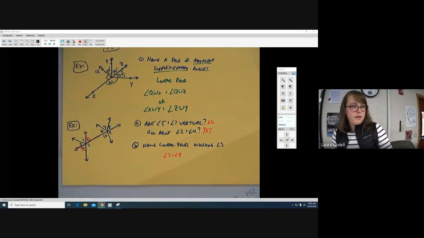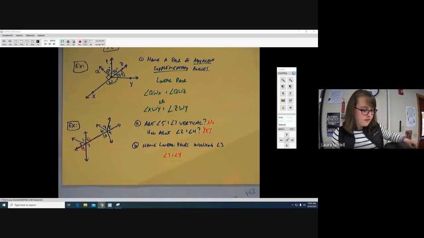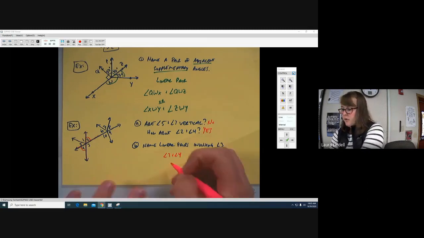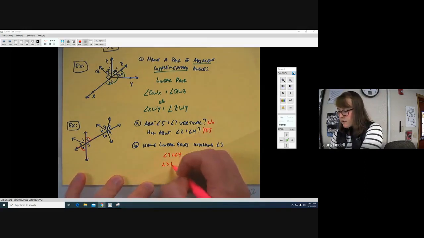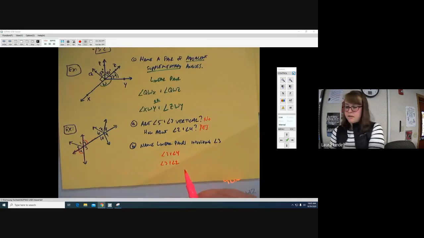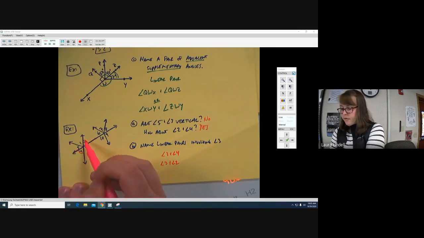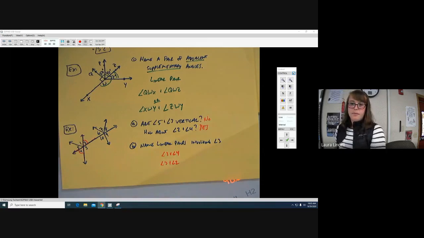What would the other one be? Angle 3 and what other angle? Yep, angle 2. Angle 3 and angle 2 would be the other pair. So those would be both of our linear pairs involving angle 3. 3 and 2 and 3 and 4.